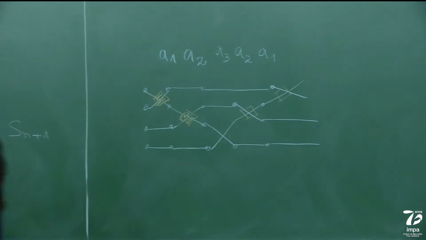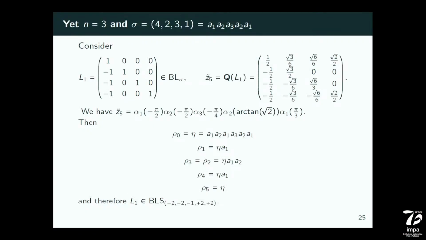Okay. So for this example, we wrote this product, and what we saw is that we should always start and end in the same permutation matrix. We should start and end in the permutation eta. So you end where you began.